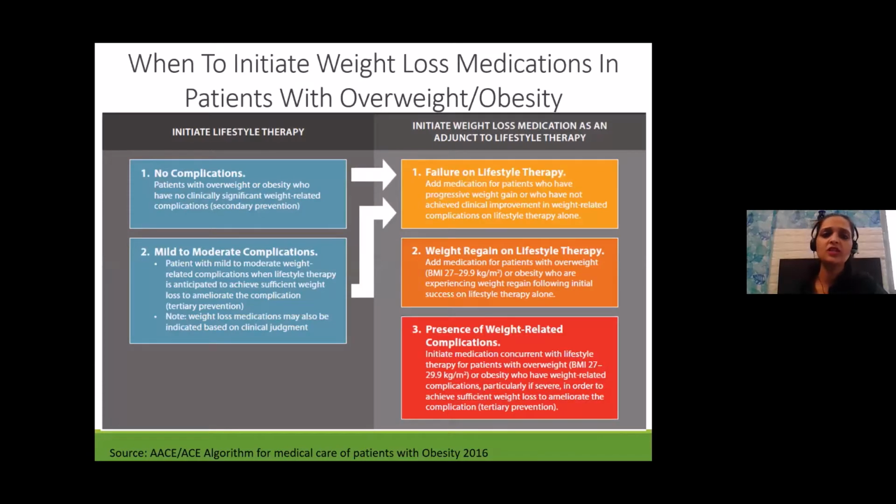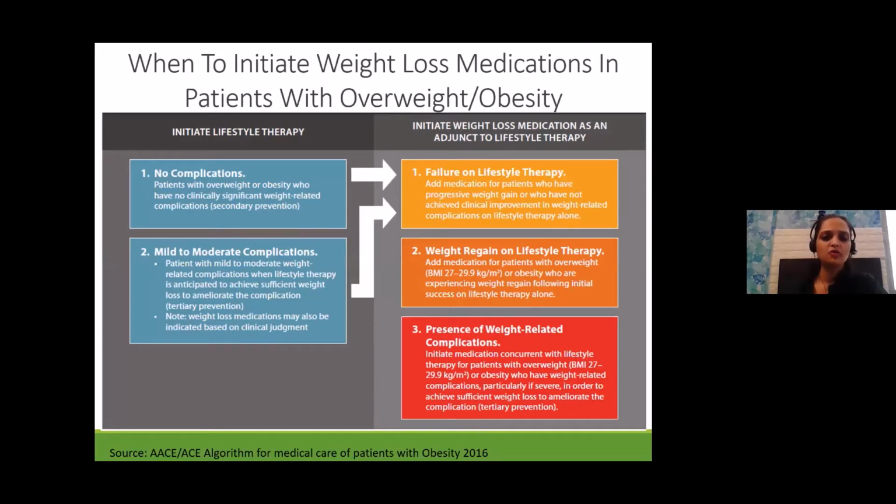When to initiate weight loss medications in patients with overweight and obesity? To initiate, lifestyle therapy has always been advocated. Patients with obesity or overweight who have no clinically significant weight-related complications would work more on the nutrition and physical activity aspect.